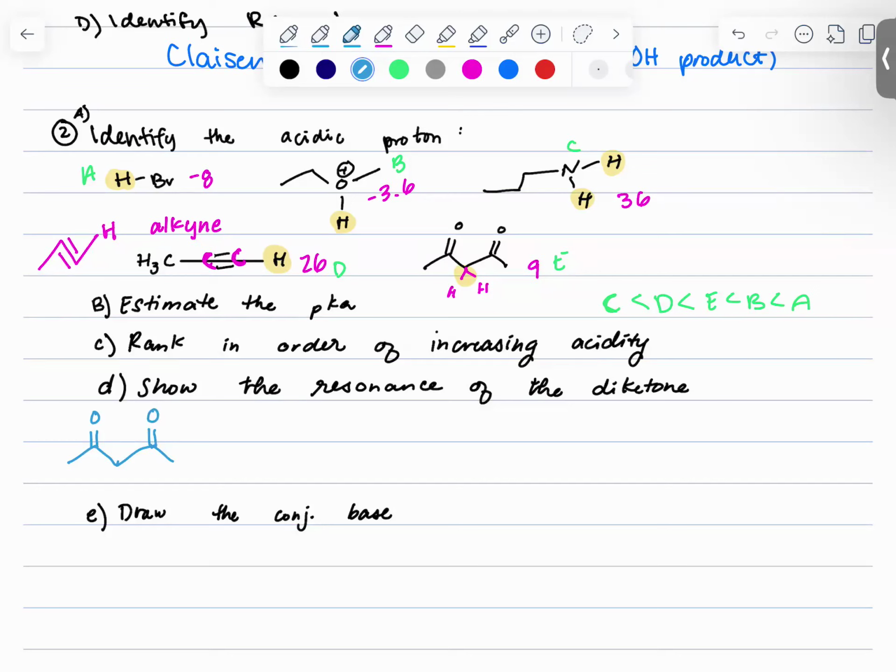We have our normal diketone, but we would have lost a proton there. Now we can do resonance structures with this. I can push those electrons up onto the oxygen, and I get this structure. I can then push them down and eventually onto the other oxygen.